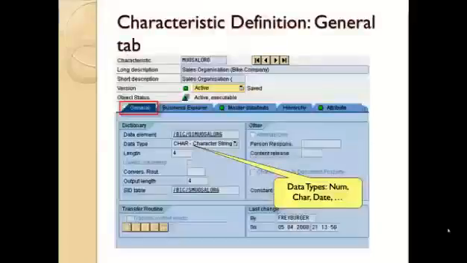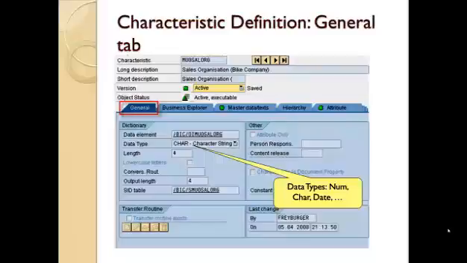Okay, let's take a look at some screenshots to better understand the various tabs associated with the configuration of characteristics. On the General tab, as you can see here, there are various data fields such as data type and length in the middle of the screen there.